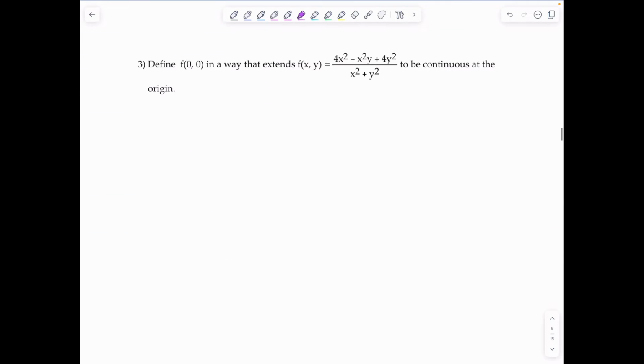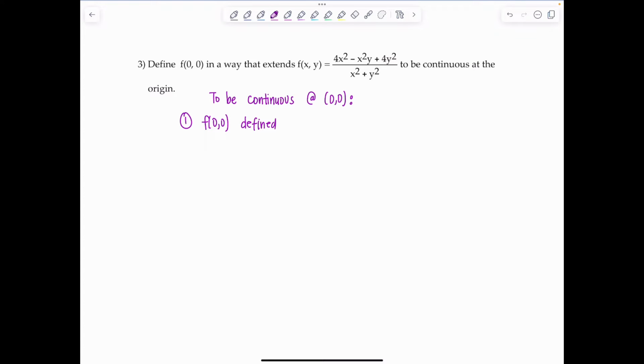Okay, very good. Question 3, define f of 0, 0 in a way that extends f of x, y to be continuous at the origin. So let's go over our definition for continuity. To be continuous at the origin, what does our definition tell us? 1, f of 0, 0 is defined.